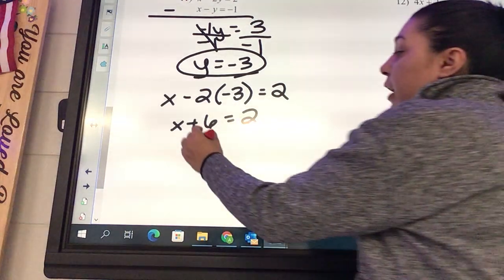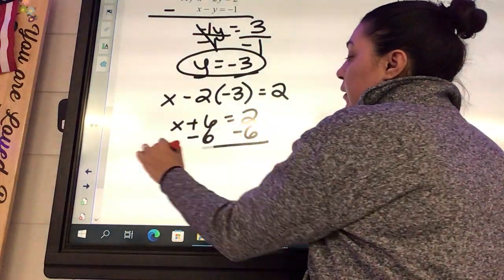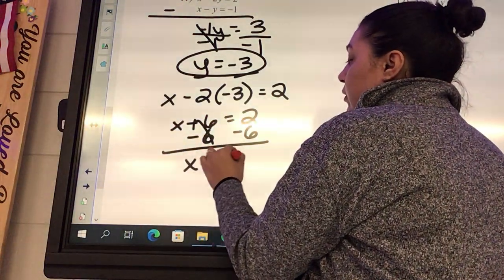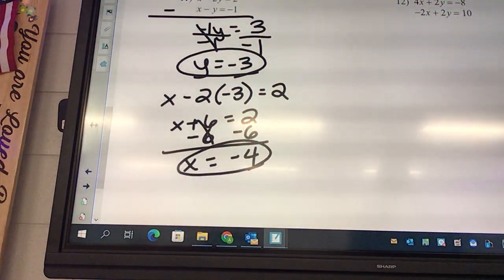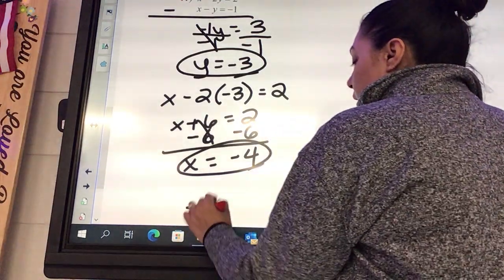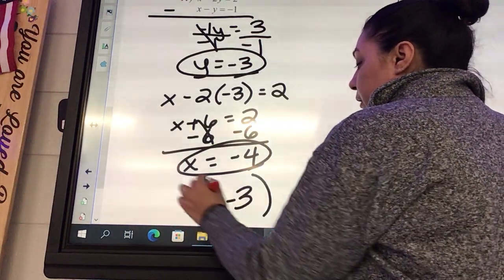And then we're going to subtract 6 on both sides. You get x equals -4. Okay, so you're going to get -4, comma, -3.